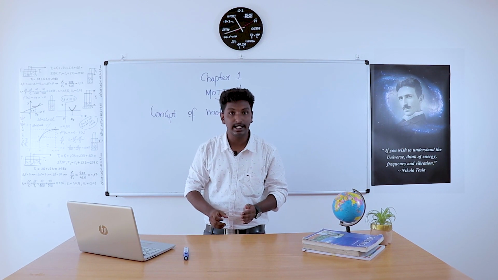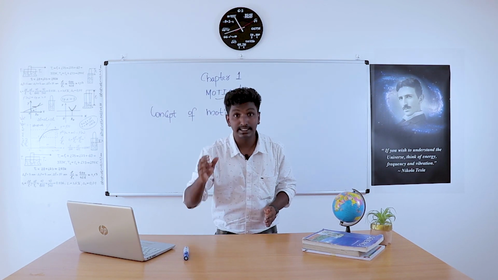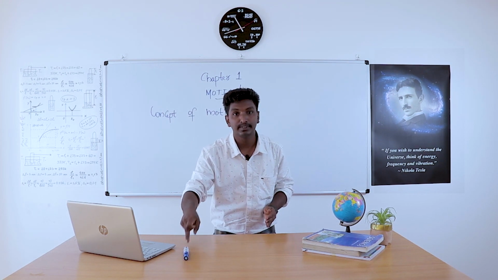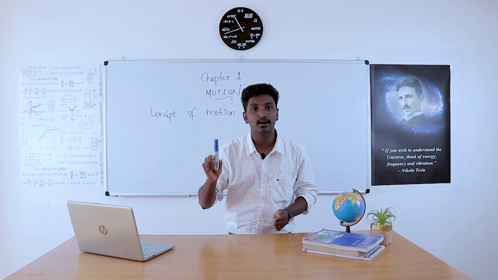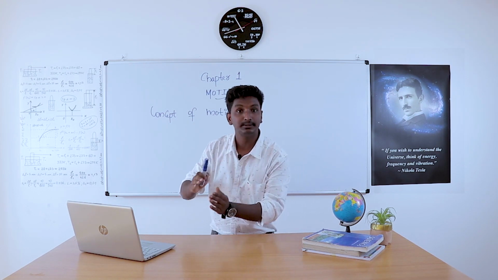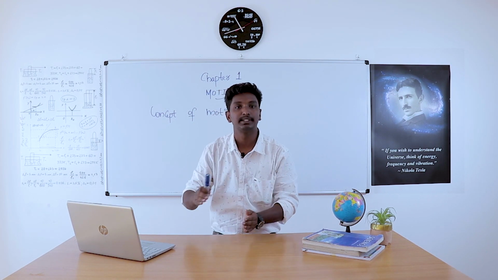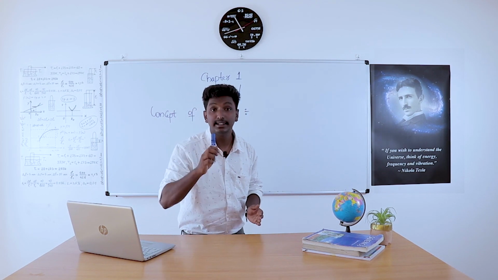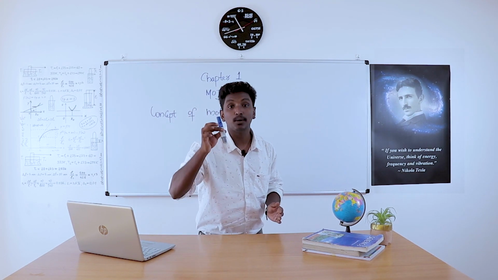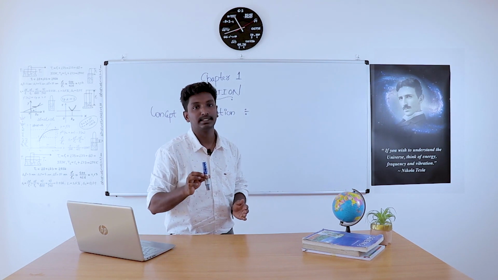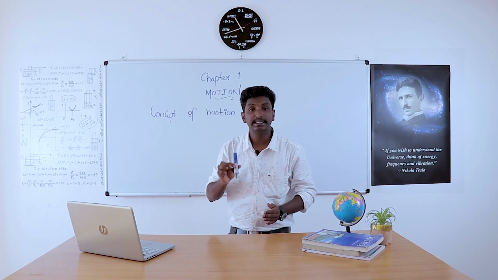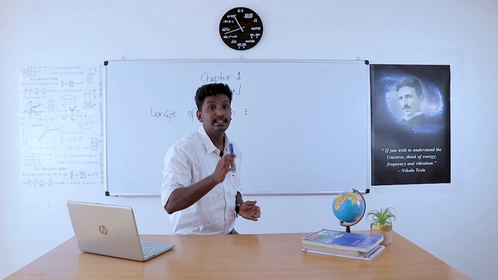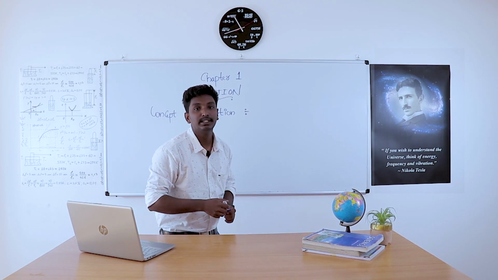Then we can say that the object changes its position from here to here. That means this object changes its position with respect to time. If this happens, then we can say that this object is in motion.